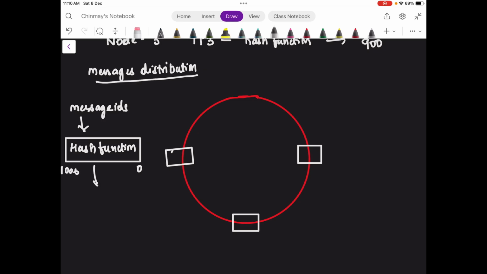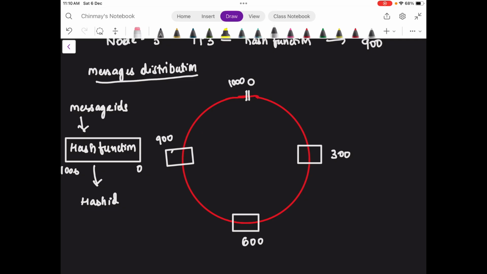Again, it generates a hash ID. The nodes' hash IDs are 300, 600, and 900. We have a lower limit of 0 and an upper limit of 1000, right?